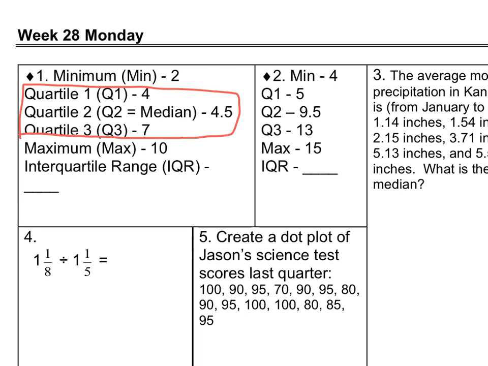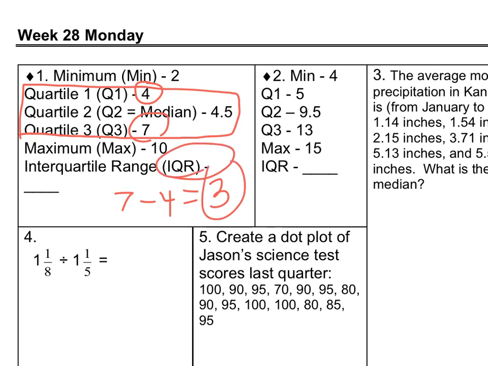All right, so what is the greatest number in our quartiles? 7, right? 7 is the greatest number of our quartiles, and we're going to subtract the smallest number, 4, because what we're trying to figure out is the range or the distance between the smallest quartile and the biggest quartile. And to do that, you just subtract them, and you will get the answer of 3. So the IQR, or interquartile range, is 3.